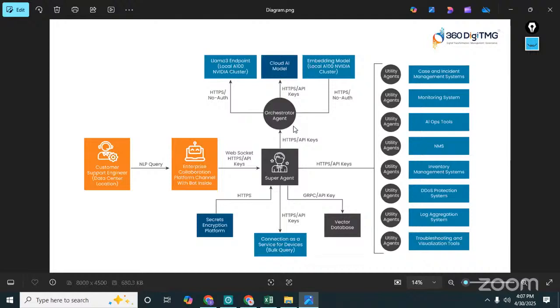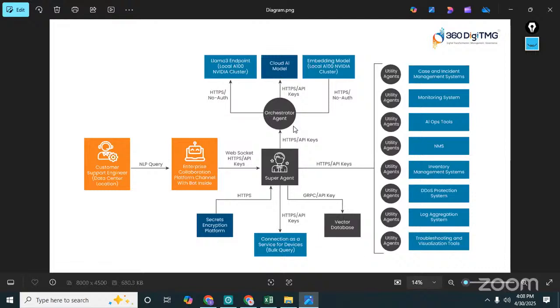So let's discuss a real use case. If the support engineer asks for root cause analysis, the orchestrator might send logs to the Llama 3 endpoint in order to analyze anomalous patterns, or use the embedding model in order to search similar incidents. So for different purposes, it will go to different models.